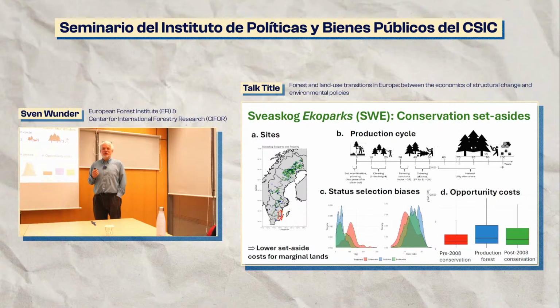It's not because we wanted to save profits by setting aside the worst production area. It's simply that some of these marginal areas, maybe on hillsides or in more swampy areas, were chosen due to their biodiversity potential, but they were also not the greatest timber production areas. So that means it's maybe not as expensive as one should fear if you can choose some of these marginal areas, you don't lose as much.